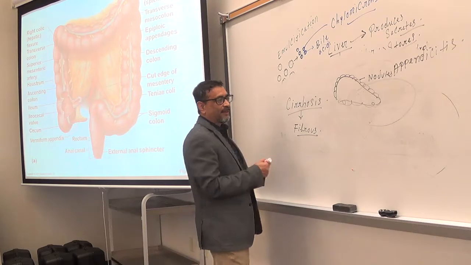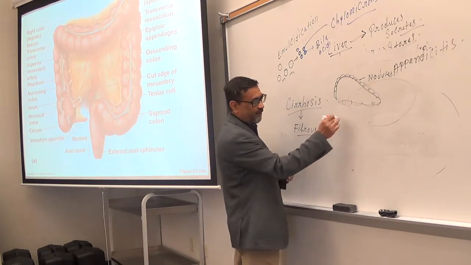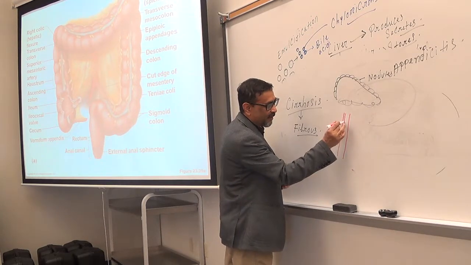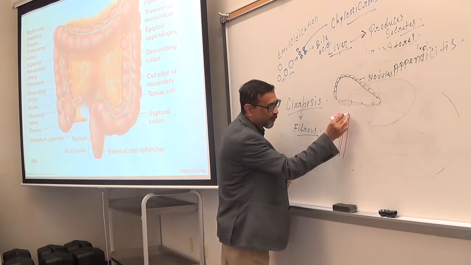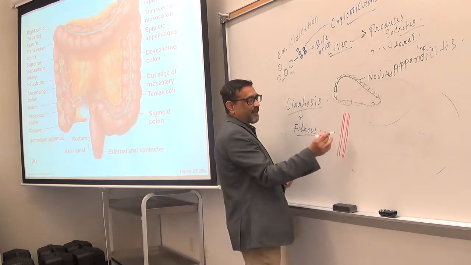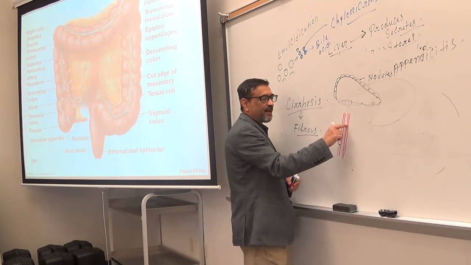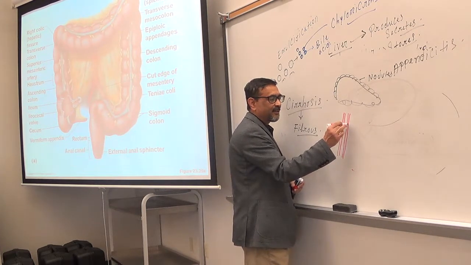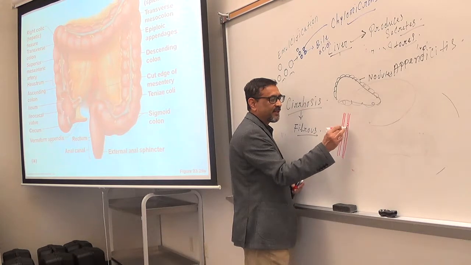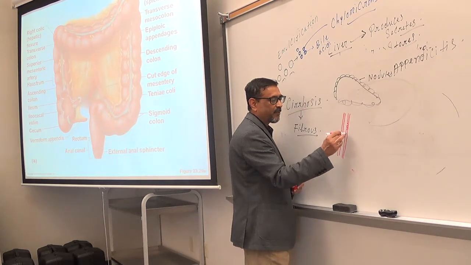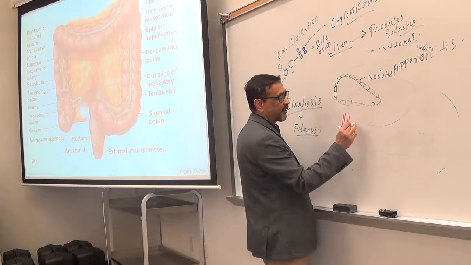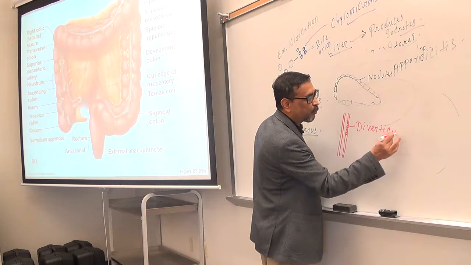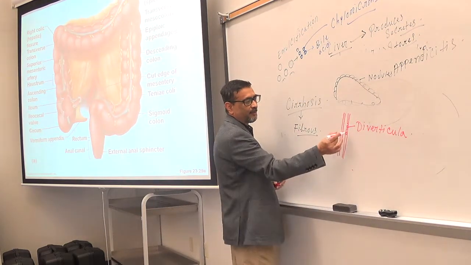Another thing I just wanted to mention: this is the small intestine, and this is the innermost lining, the mucosa. Sometimes what can happen is, if the mucosal lining gets weak, tiny pouches are formed like this. You see here, tiny pouches are formed, and those are called diverticula, plural, many pouches.